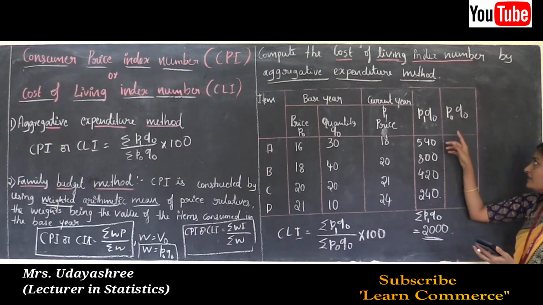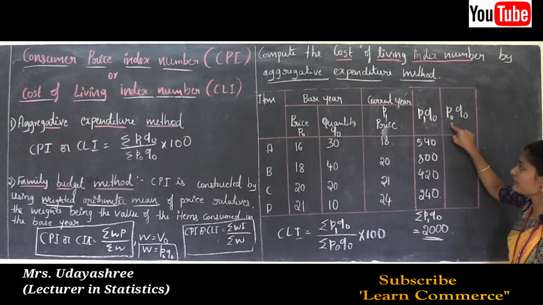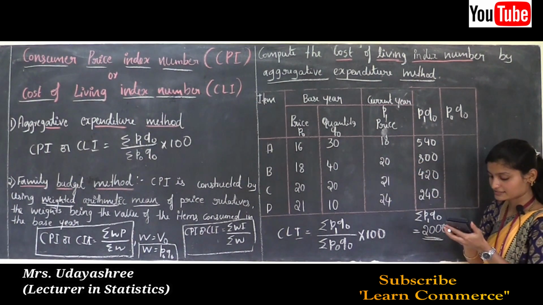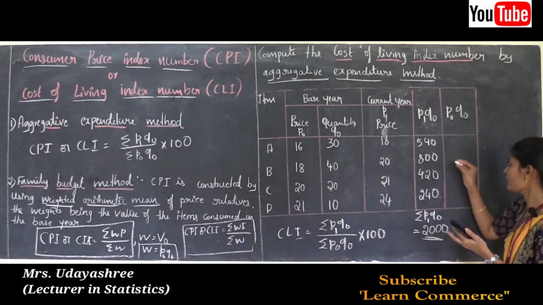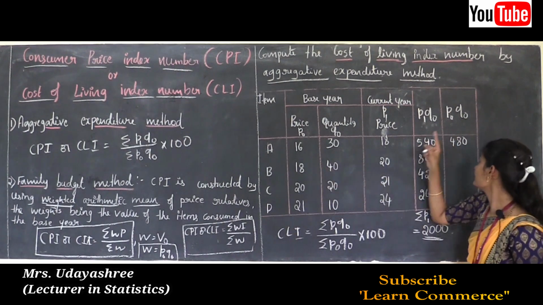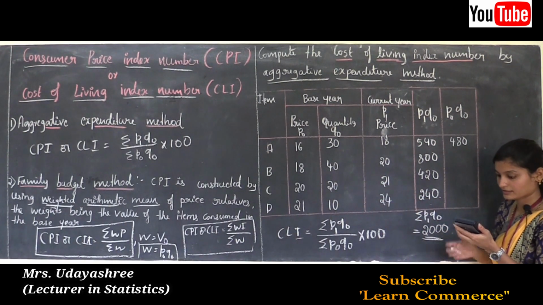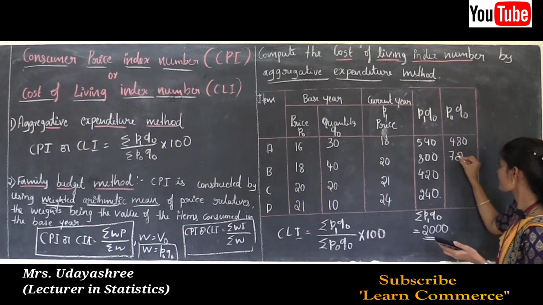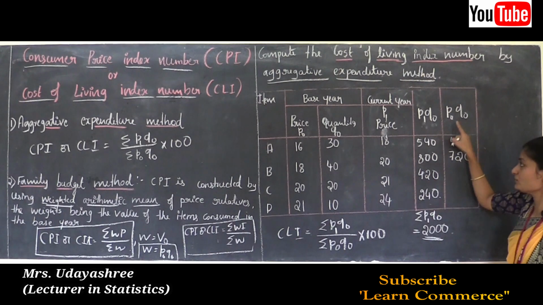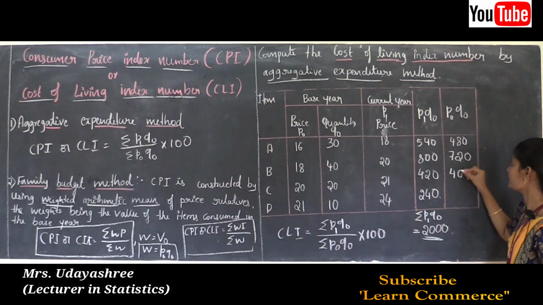Next, in the next column we need to calculate P naught into Q naught. Here P naught is 16 and Q naught is 30, so 16 into 30 is 480. Next P naught is 18, Q naught is 40, then 18 into 40 is 720. Next P naught is 20 and Q naught is 20, so 20 into 20 is 400.